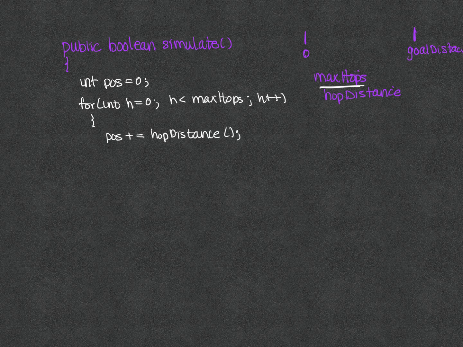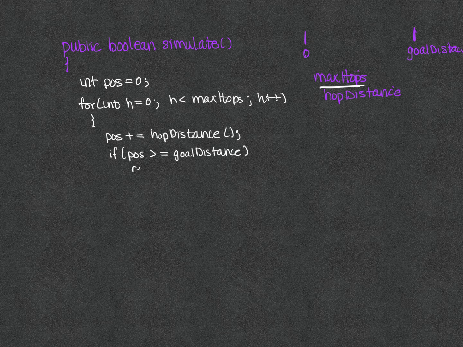Now at this point, we have to decide if he's done, meaning did he go less than 0? Did he go bigger than the goal distance? If he did either of those, then we're done. So if our position is greater than or equal to goal distance, then he made it.